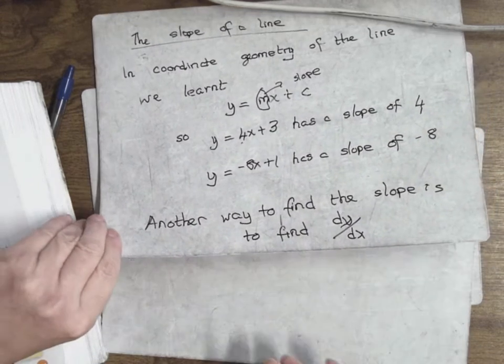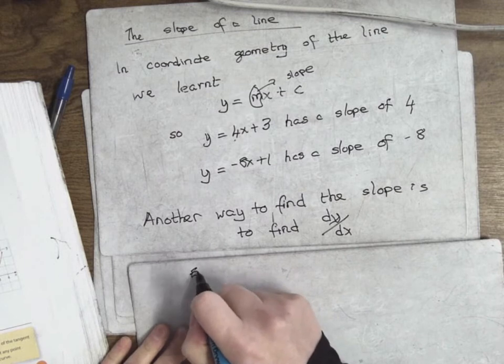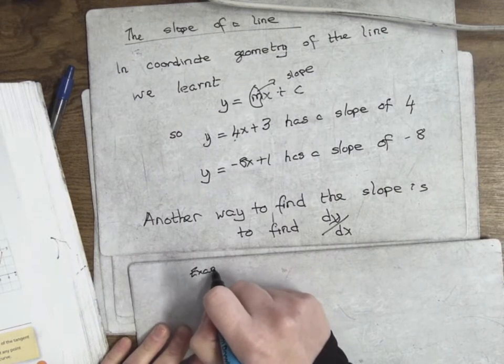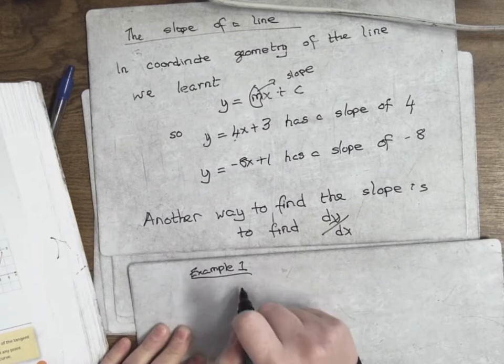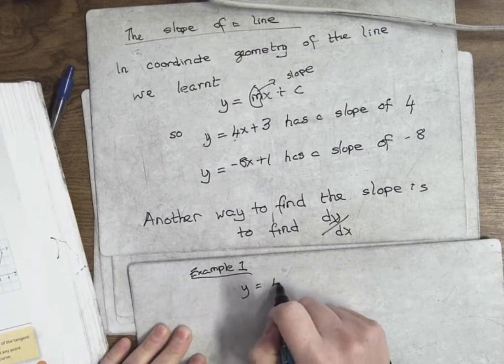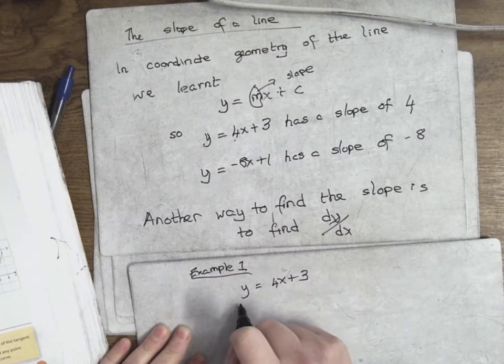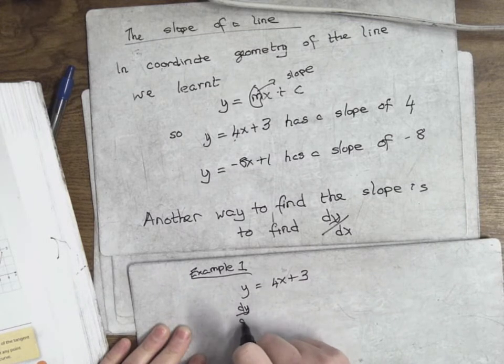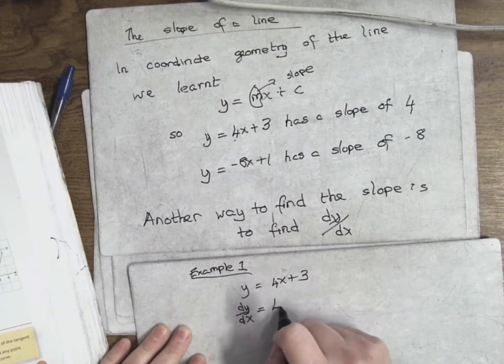So if I take the examples I have up here, example 1: if y is equal to 4x plus 3, and I asked you to get dy/dx, when you differentiate 4x plus 3, you just get the number in front of x, which is 4.